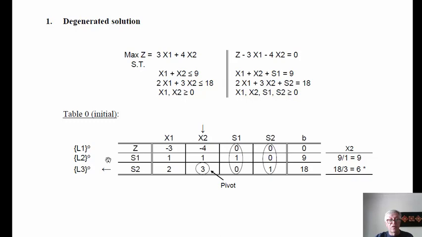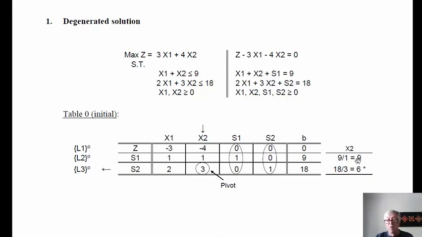To check which of these should go out, we evaluate the values that x2 will have in the next iteration when it enters the base. To do that, we just divide these coefficients here by these coefficients here.